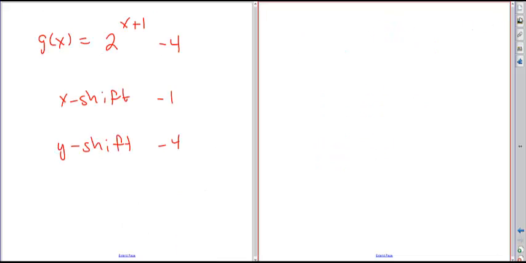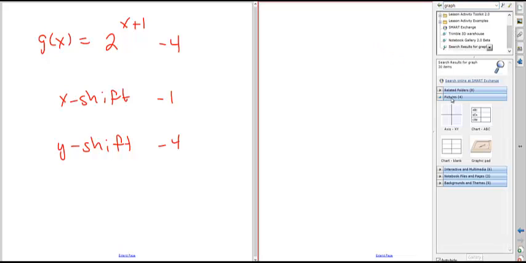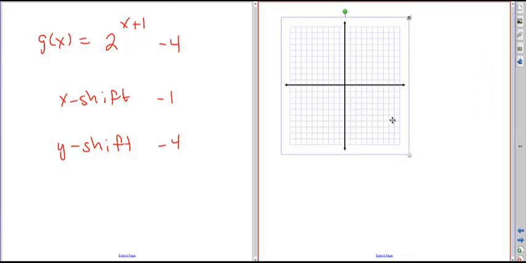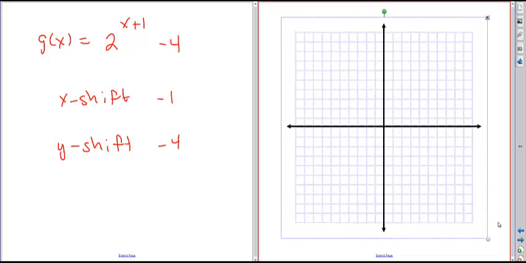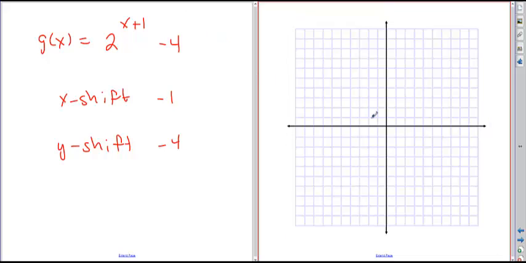So let us get a piece of graph paper. So we're going to plot the parent function. So the parent function in this case is just 2 to the x.